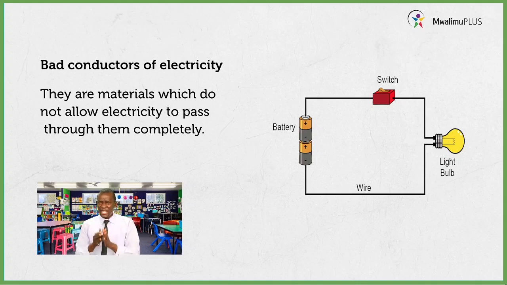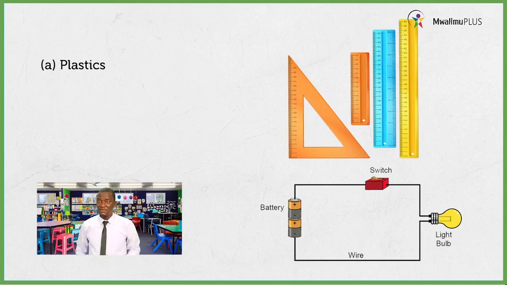I want you now to think of a situation where that switch is removed there, then we put a material like the one that we are going to see next. Plastic. Take that plastic and put it, you remove the switch there, put a plastic and join both ends with those wires.